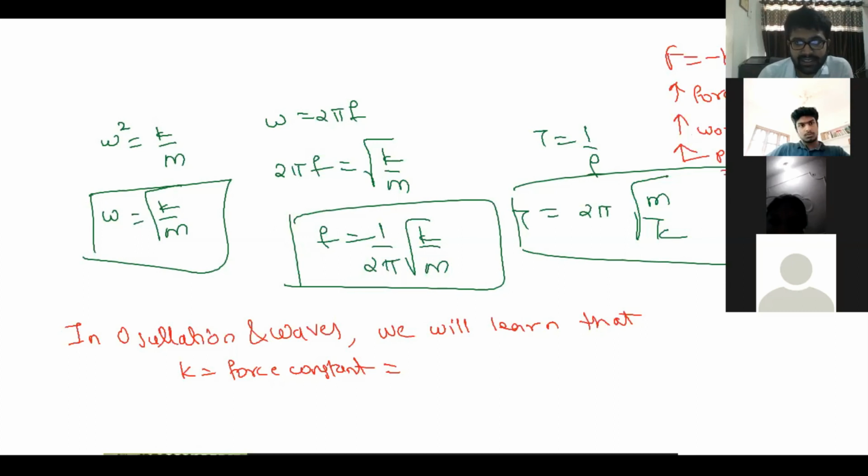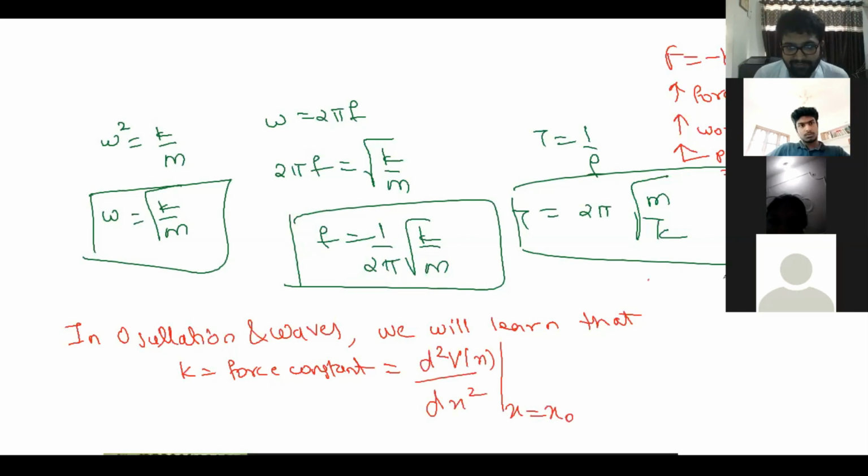We will denote potential energy by V, V of X. So what we are going to learn is this force constant can be found using d square V of X by dx square at X equal to X0.